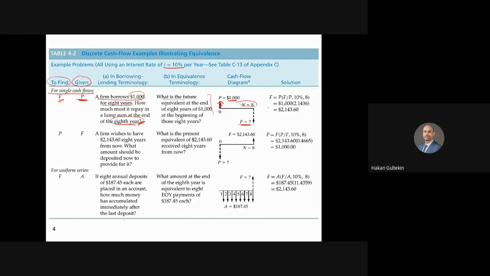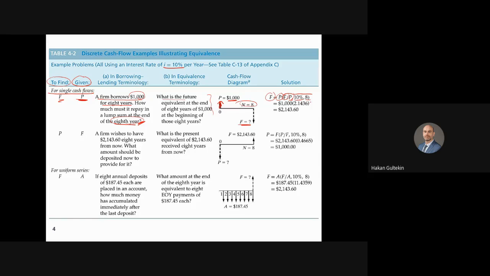And the solution to this is we want to find the future value given this present value. So we will use this factor. Of course, you can use the formula to find this as well, but with this factor, this is F given P. Present is given. We are trying to find the future with 10% interest rate for a period of 8 years.